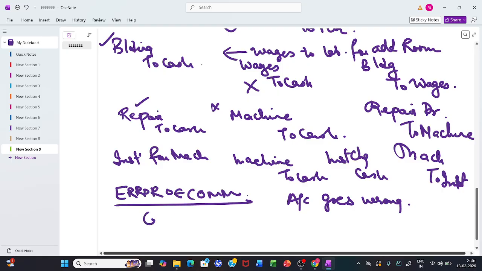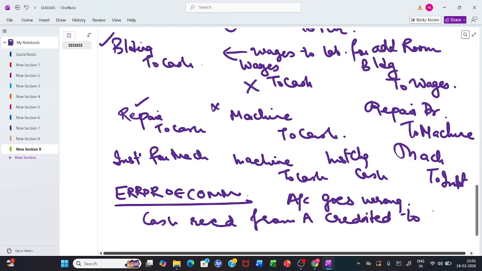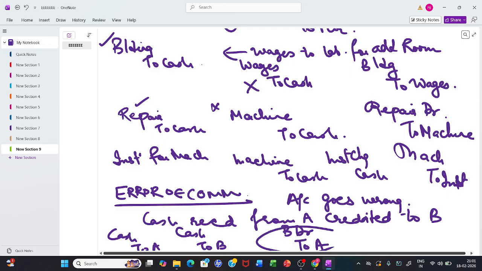For example, cash received from A was credited to B. I had to write cash to A. What have I written? Cash to B. Who was wrongly credited? B. So debit B now. Who should be credited and was not credited? A. So B to A would be my rectifying entry in this case. This is error of commission.